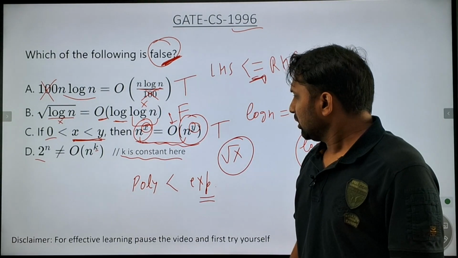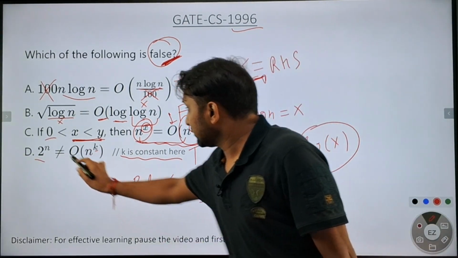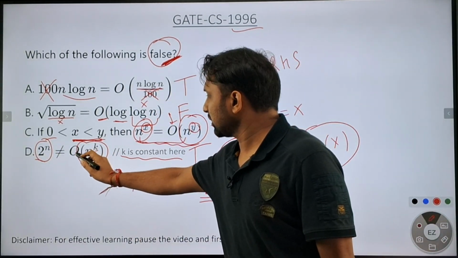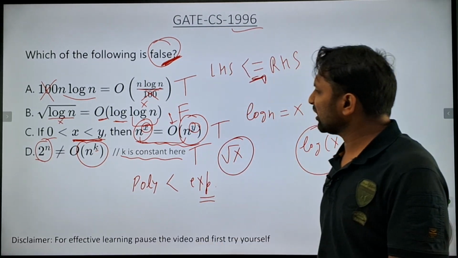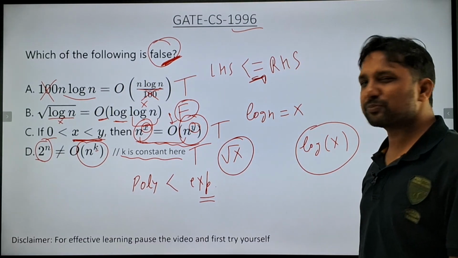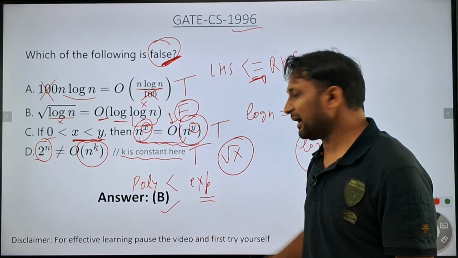So actually this statement is true. This is greater than this, and they are saying this is not equal to. Yes, this statement is true, but we are looking for the false one, and the false statement is the one over here, B. So B must be the right answer.